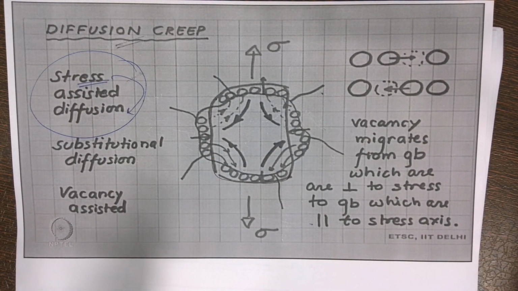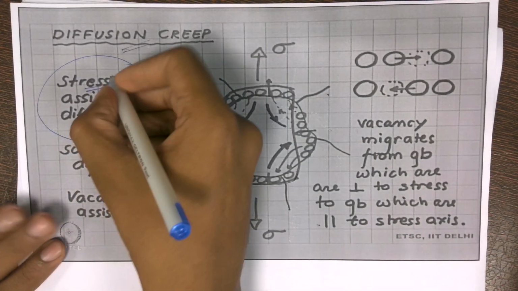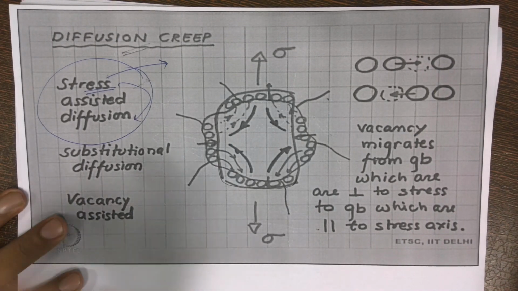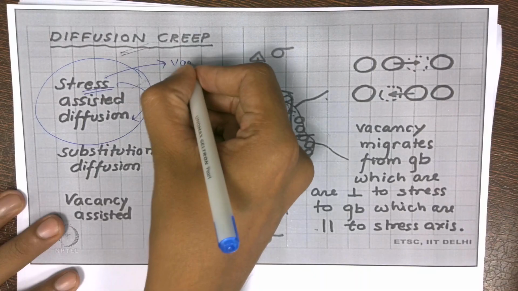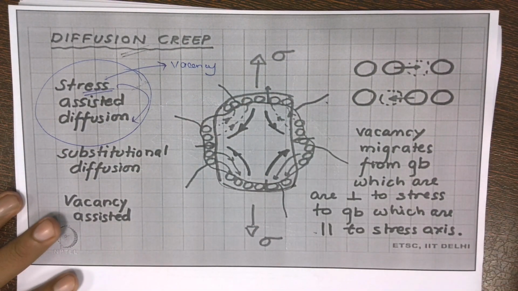So in a way, whether we apply temperature, an electric field, pass current through the specimen, or apply stress, they are creating some gradient across the material. And this gradient, here, we are saying it is about the vacancy. And then they will try to diffuse.